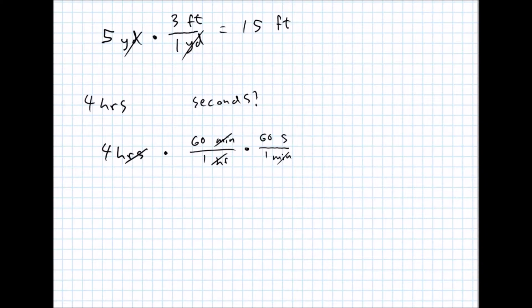So this is 4 times 60 times 60, which is 14,400 seconds. A lot of seconds. So you can actually perform multiple conversions at once. We wanted to go from hours to seconds. We went to minutes first, but we did get to seconds in the end.